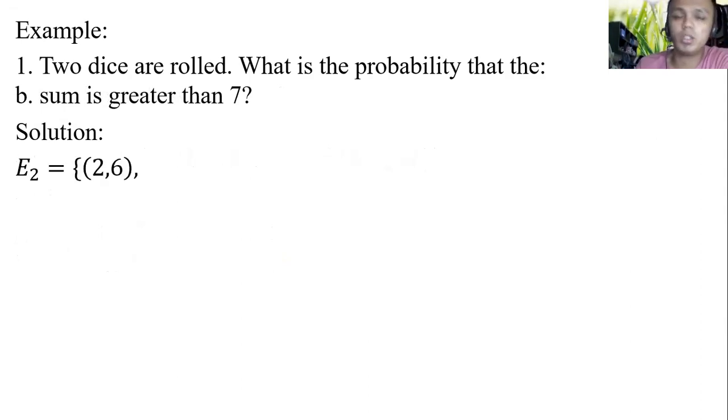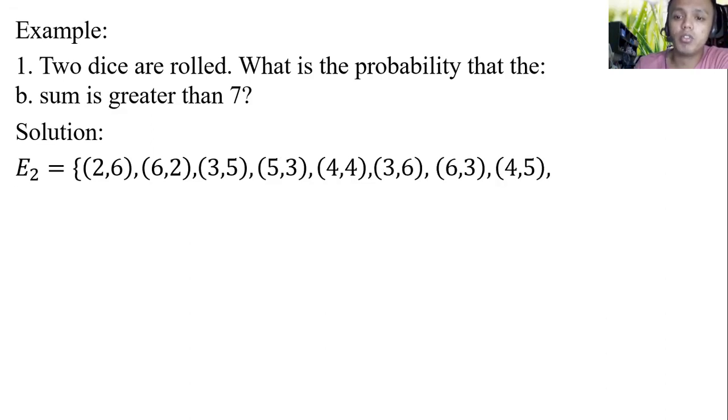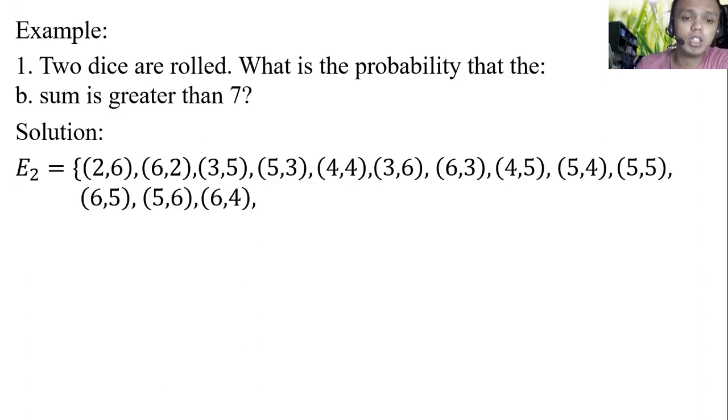So we have 2 and 6 because 2 plus 6 is 8, 6 and 2, 3 and 5, 5 and 3, 4 and 4, 3 and 6, 6 and 3, 4 and 5, 5 and 4, 5 and 5, 6 and 5, 5 and 6, 6 and 4, 4 and 6, 6 and 6. These are the events for the sum is greater than 7. So all in all, we have 15.